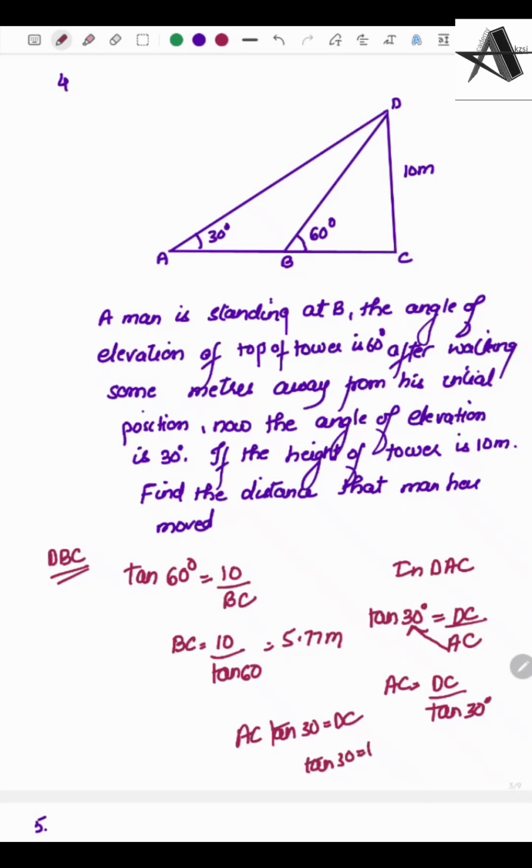That's how I got this. So if you want to calculate AC, this will be DC over tan 30. It's just simple cross multiplication, how we solve any fractional algebraic equation. So, DC is given as 10. So, AC is 10 over tan 30 degrees.